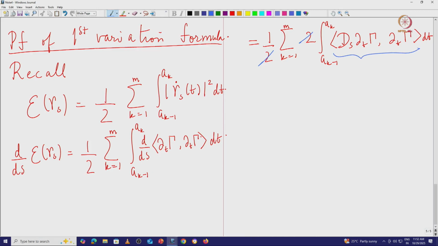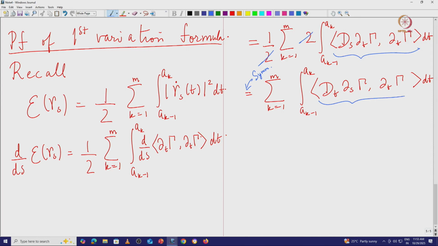So by the symmetry lemma, this is where I am using the symmetry lemma, this is the same as the integral from a_{k-1} to a_k of D_t ∂_s gamma comma ∂_t gamma. Okay. All right. So now let's look at this term.